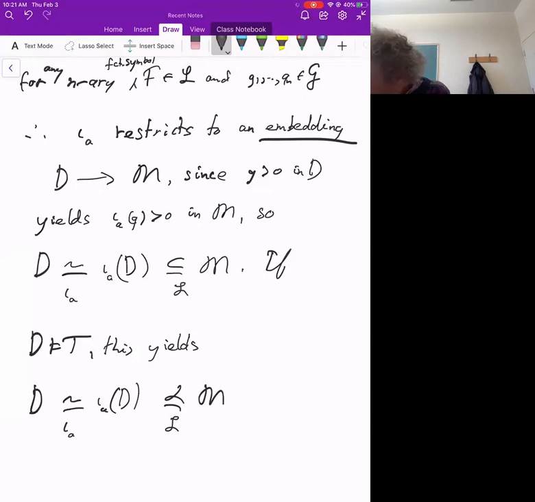Since T has quantifier elimination, T has QE, if you have two models of T, and one is a substructure of the second one, then it's actually an elementary substructure, right?